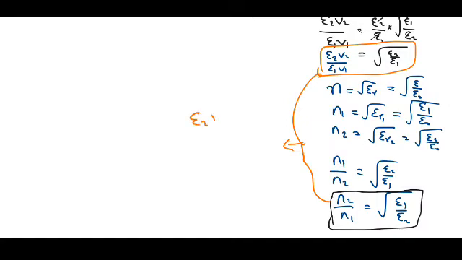Epsilon 2 v2 divided by epsilon 1 v1, instead of root of epsilon 2 by epsilon 1, I can write this expression right here. That is nothing but n2 divided by n1.